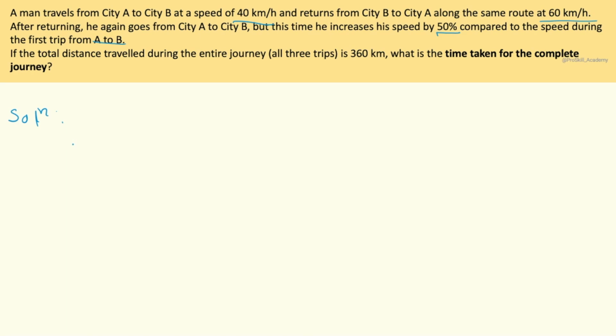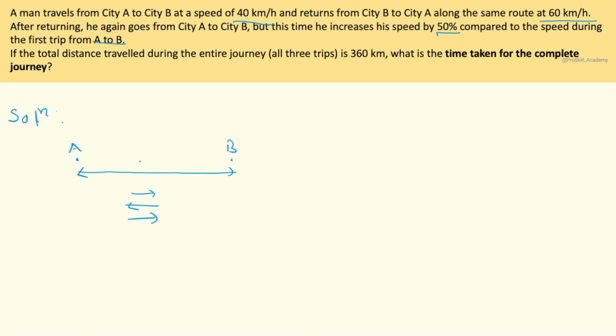Now, this is the point A or city A, and this is the point B, which is city B. So first he traveled from city A to city B, and then B to A, and then again A to B. So in total there were 3 trips, and in those 3 trips, which are of equal distance, the total trip distance was 360 kilometers.